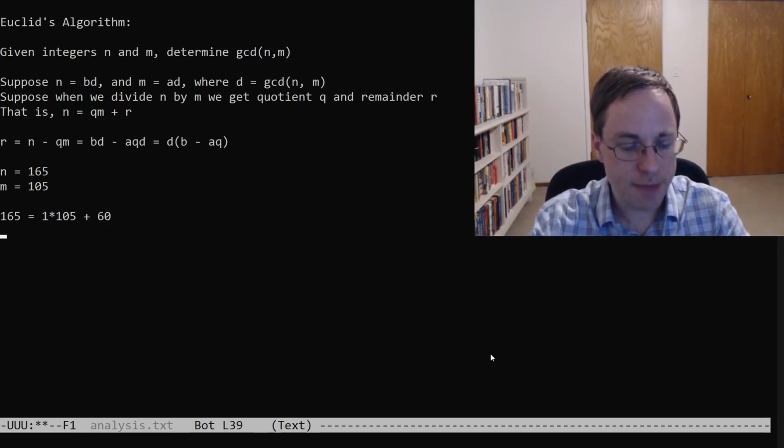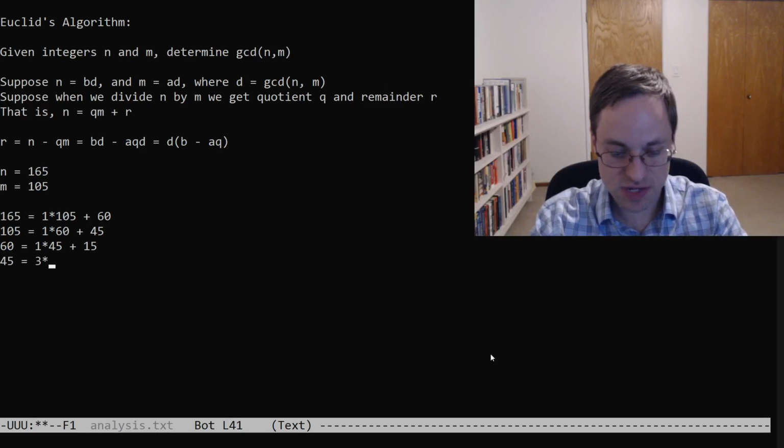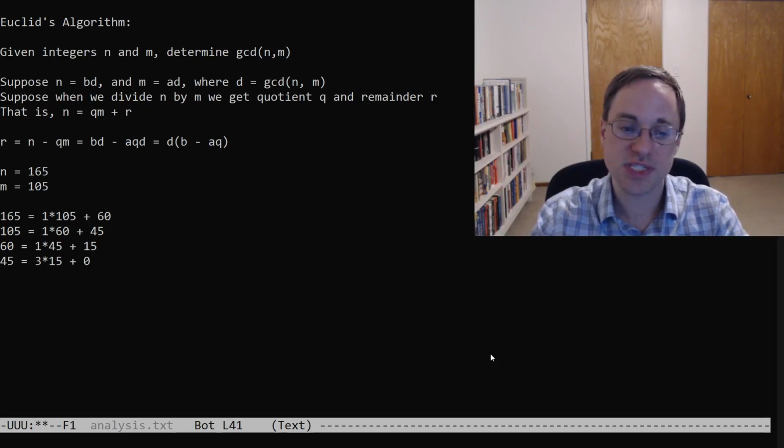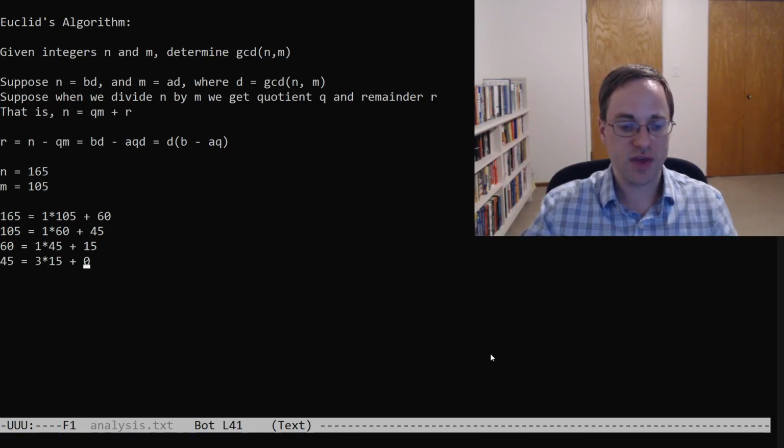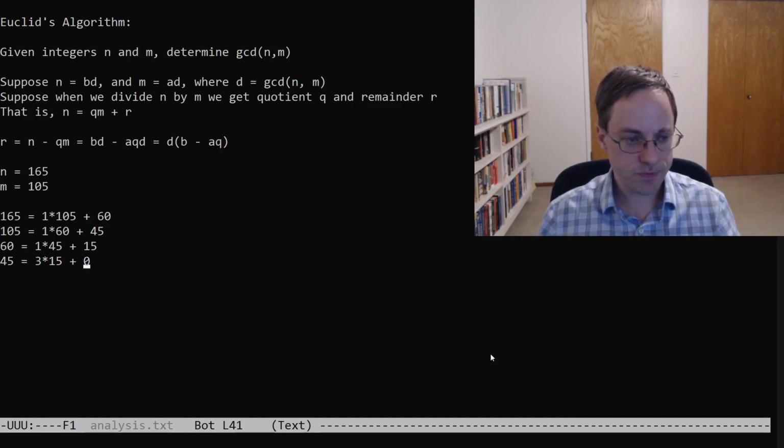And we can repeat that procedure then, saying 105 is equal to 1 times 60 plus 45. And 60 is equal to 1 times 45 plus 15. And 45 is equal to 3 times 15 plus 0. And the algorithm terminates when you end up with a remainder of 0.